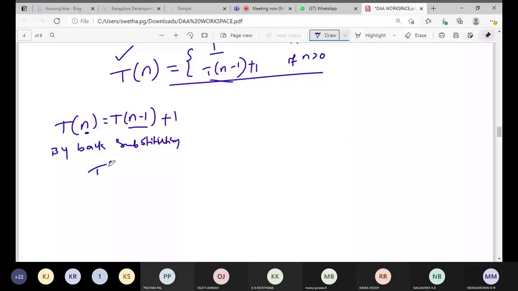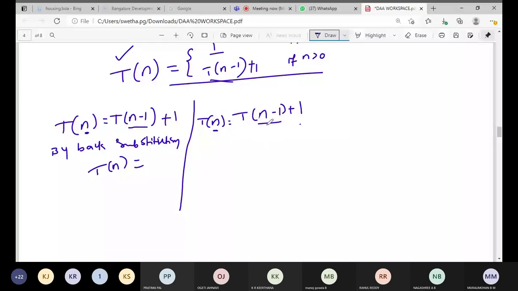So T of n is equal to T of n minus 1 plus 1. Backward substitution means you write, in place of n, n minus 1.